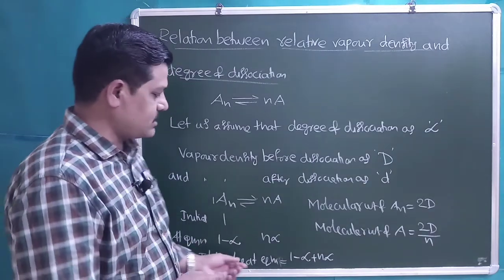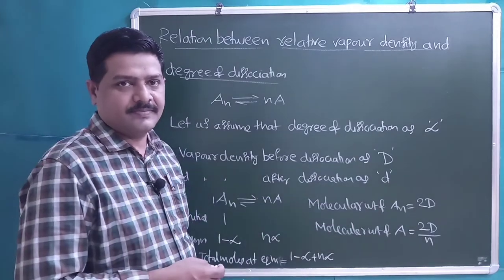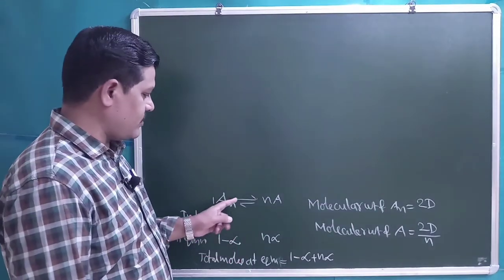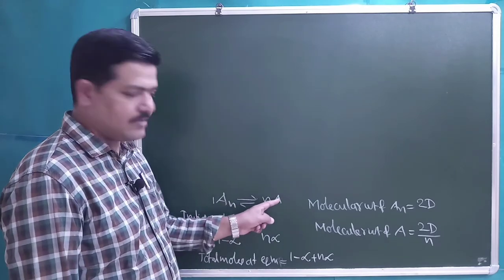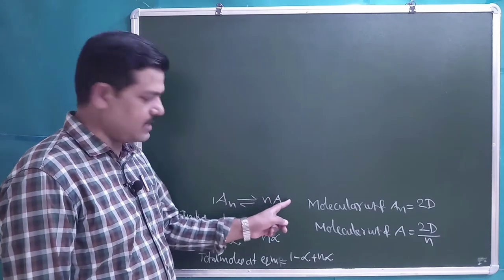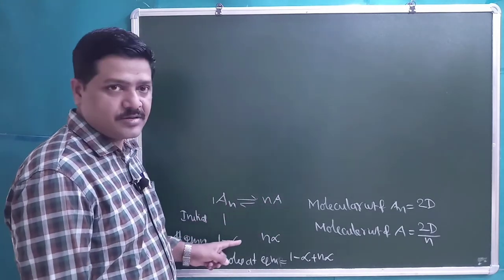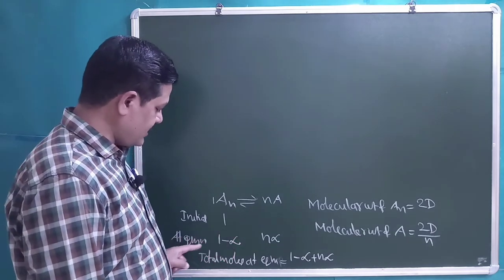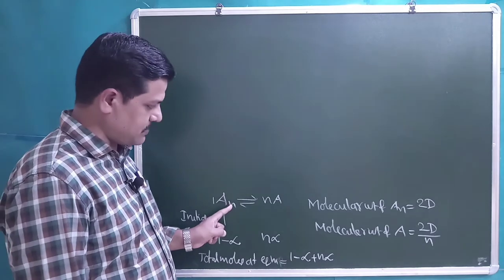Students, now let us find out the relation between capital D and small d. Here the equilibrium reaction we have taken is AN, which is in equilibrium with nA. After dissociation of AN, it will give us nA. Initial moles of AN is 1. Degree of dissociation is alpha. Then at equilibrium 1 minus alpha moles of AN is present.